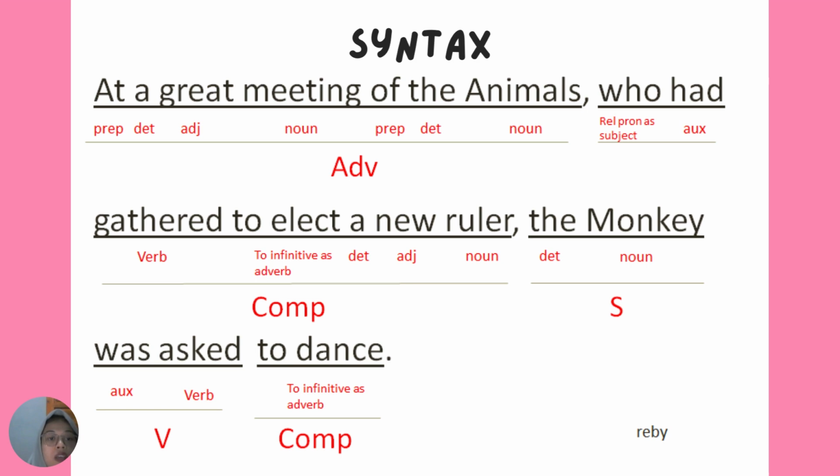This is a preposition, and it works as an adverb of place. So this is an adverbial phrase consisting of a preposition, a determinant, great adjective, meeting noun, or the gerund, of the preposition, the determinant, animals, noun. And then from this to this is a complement.